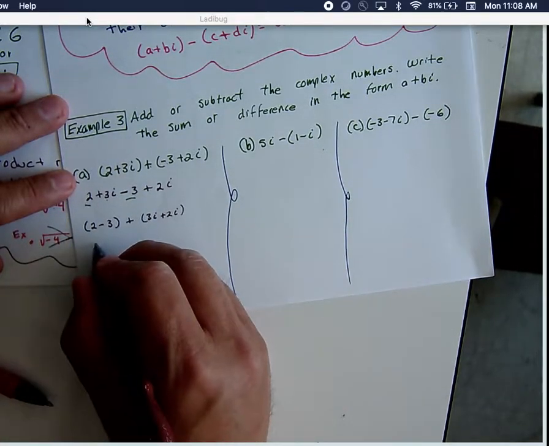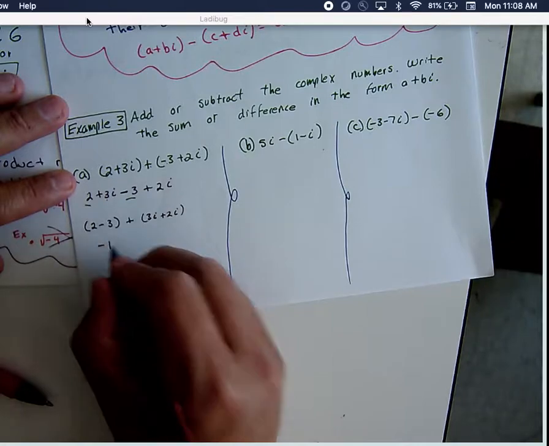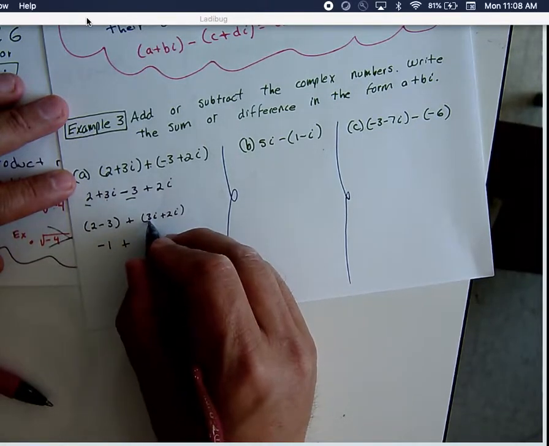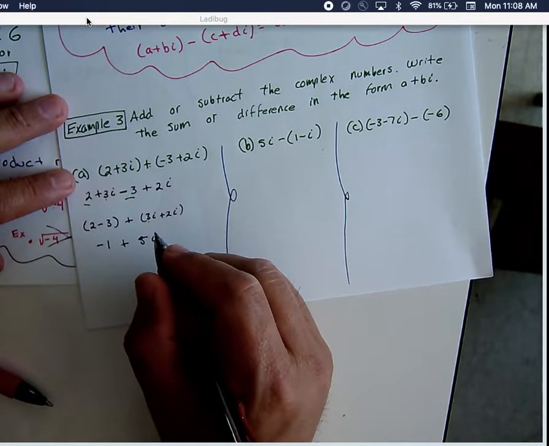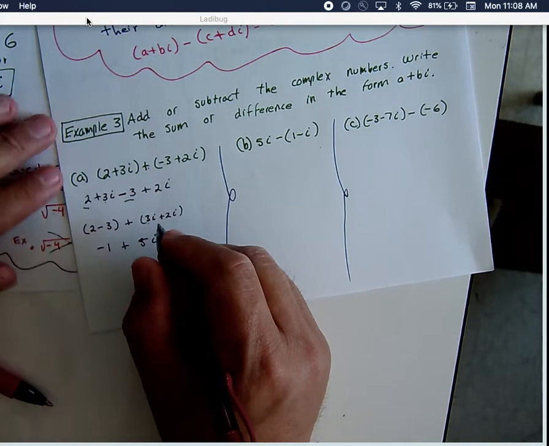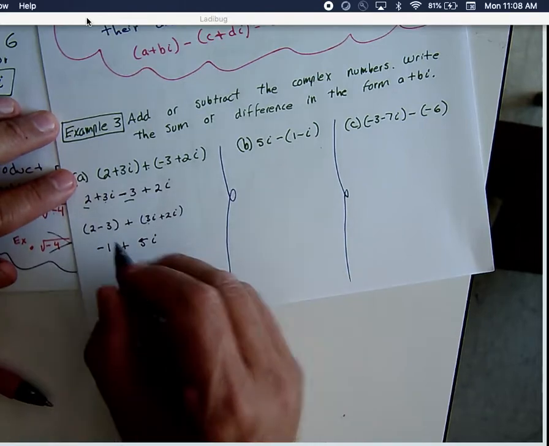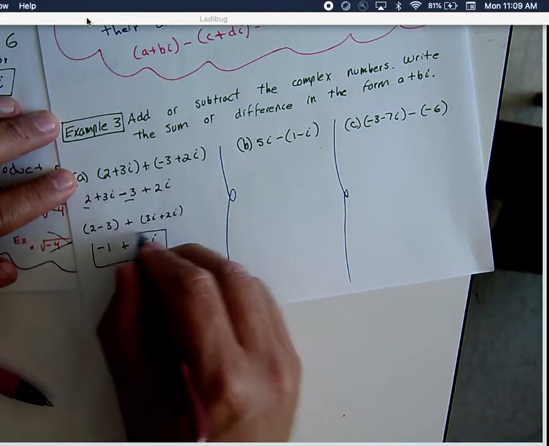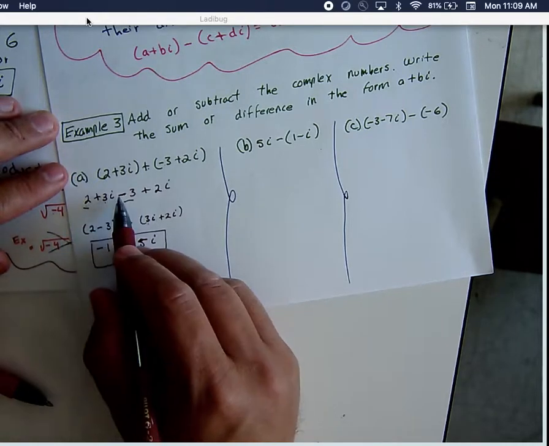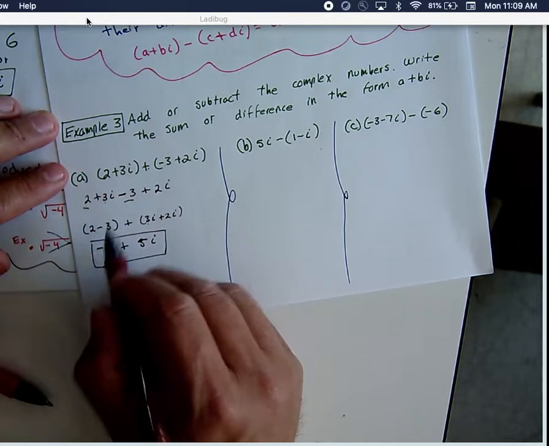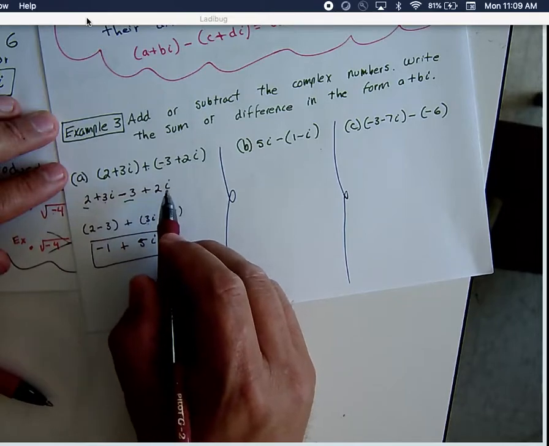This would be negative 1 plus 5i. And that's it. You didn't have to do that. You could do 2 minus 3 is negative 1, 3i plus 2i would be 5i.